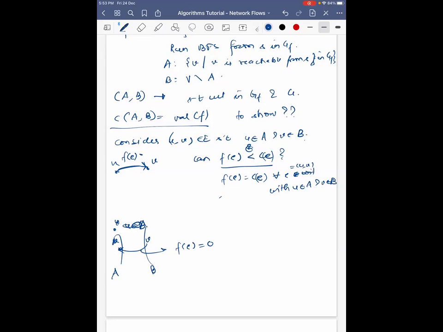If there was some positive flow, then there would have been a backward edge in your residual network.